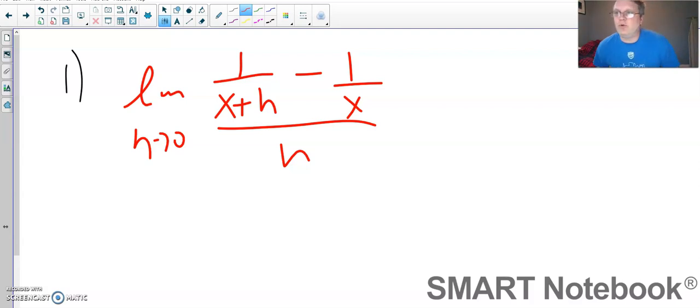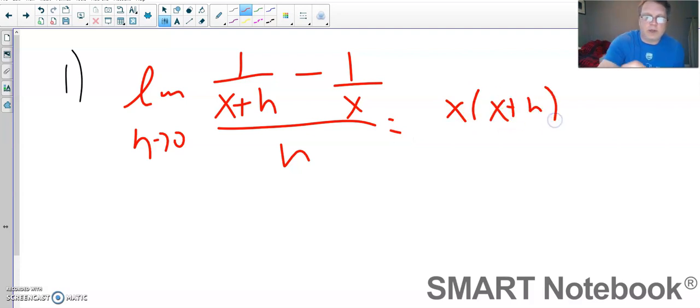Complex fractions. I know some of you in pre-calc were avoiding them. You were scared of them. Okay, they're all over calc. So, all right. Common denominator is x times x plus h. That means I had to multiply top and bottom here by x, top and bottom here by x plus h.